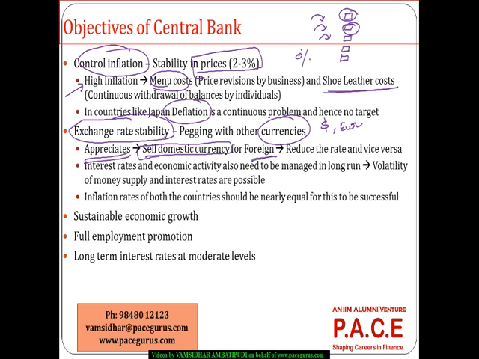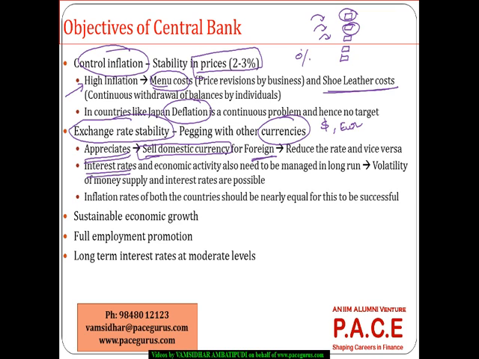And exactly the reverse happens when the exchange rate has depreciated: they buy the domestic currency by selling the foreign currency, and again they are increasing the exchange rate. So they are targeting stability in the exchange rates.